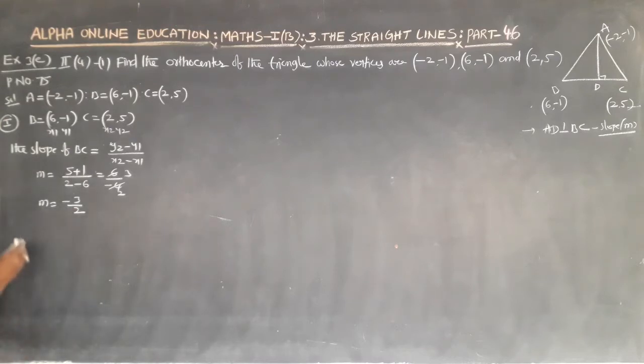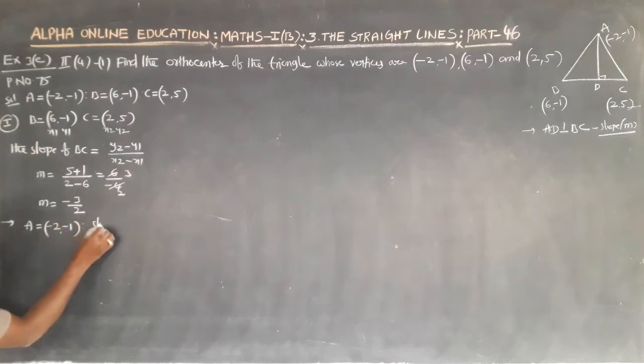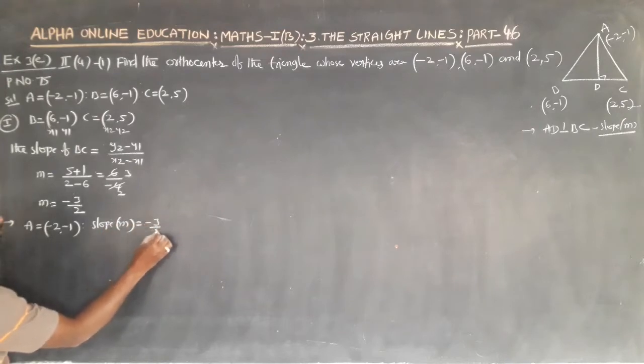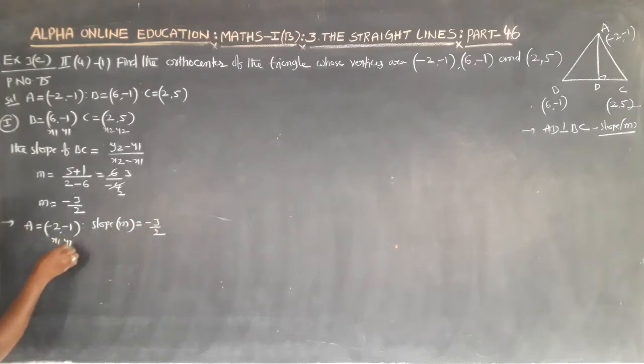Find the equation of AD. A point minus 2 comma minus 1, slope M is equal to minus 3 by 2. Let A point x1 y1.